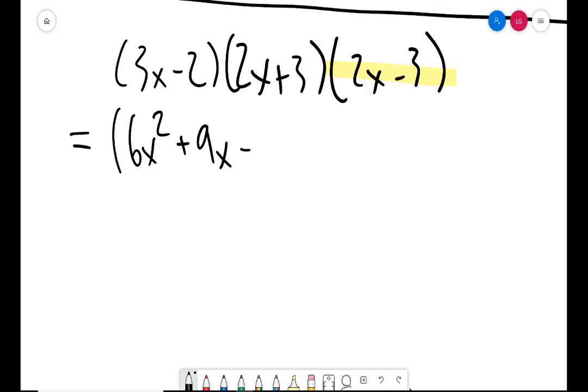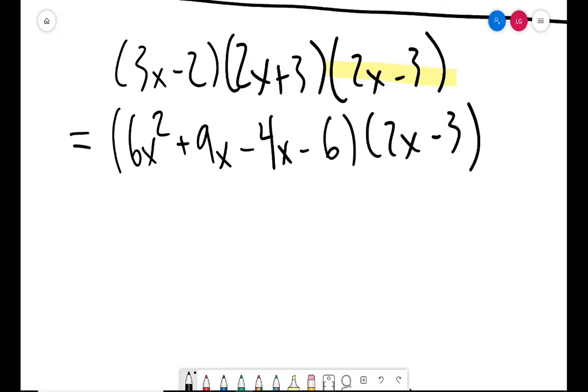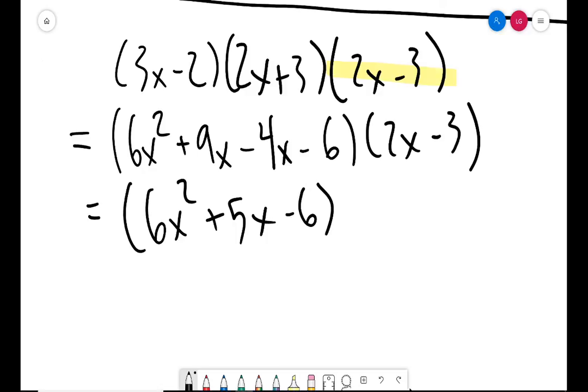Minus 2 times 2x is minus 4x. And minus 2 times 3 is minus 6. I'm going to simplify inside the parentheses anytime that I can do that to make the multiplication between sets of parentheses easier and have fewer terms.